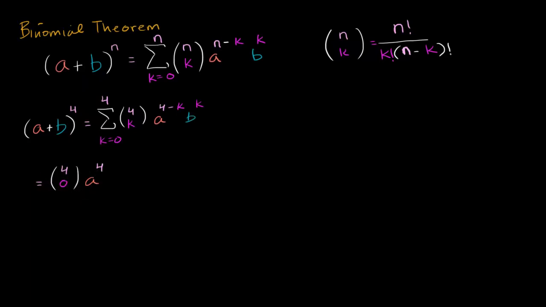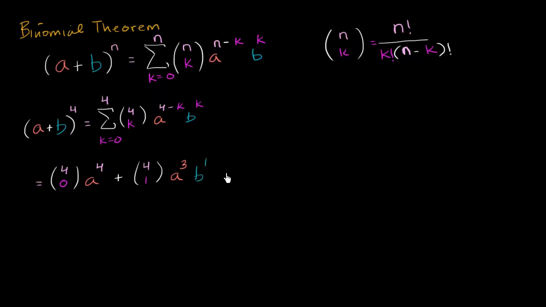And then to that, we're going to add when k equals 1. The coefficient is going to be 4 choose 1, times a to the 4 minus 1 power, so a to the third power, times b to the k power. Now k is 1, so b to the first power.